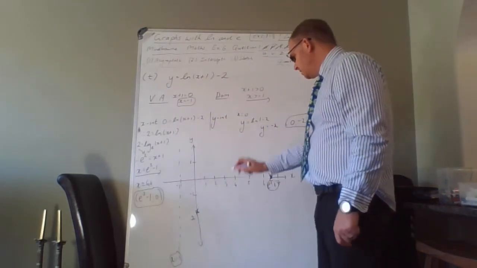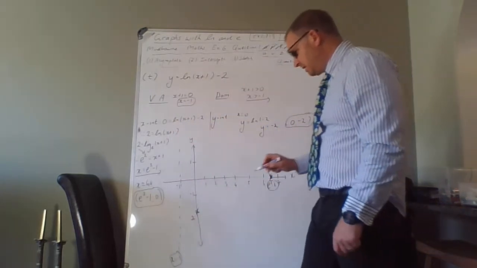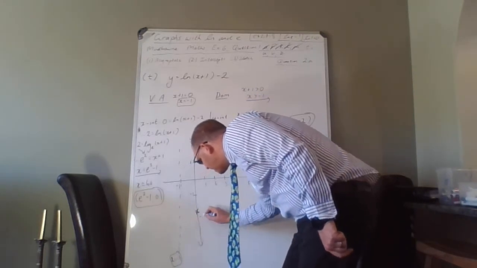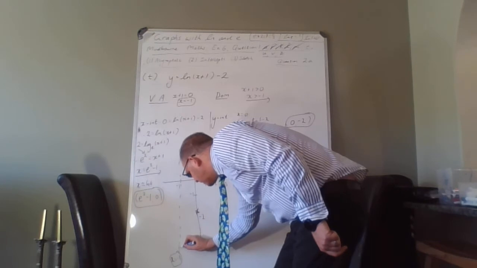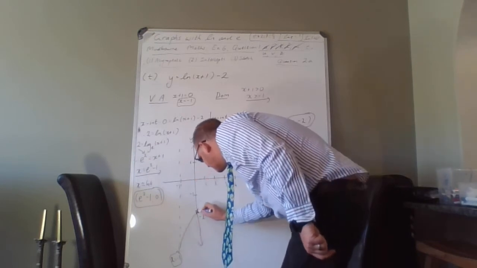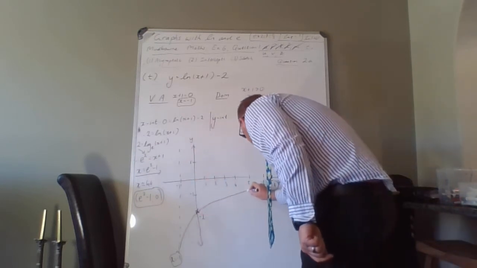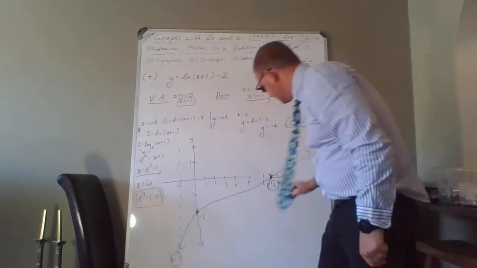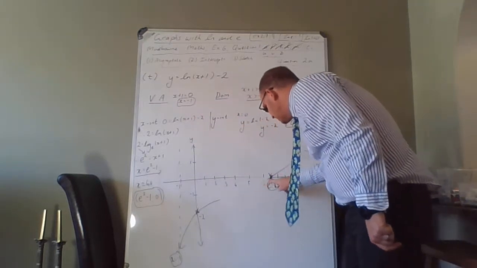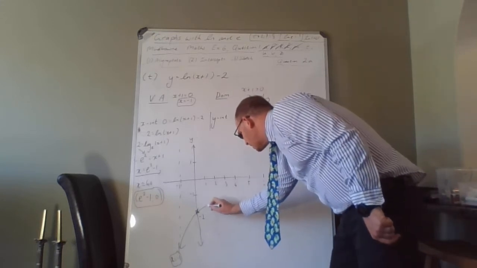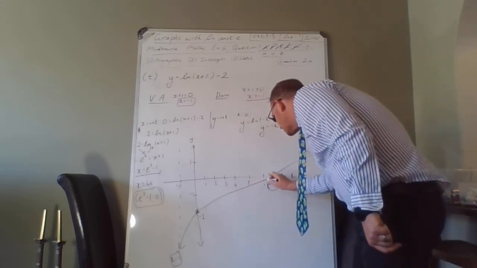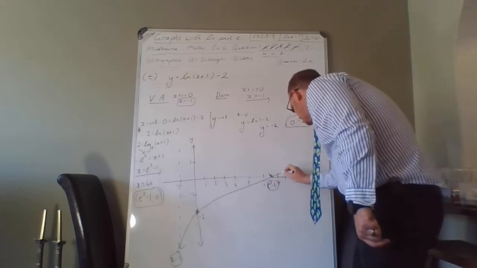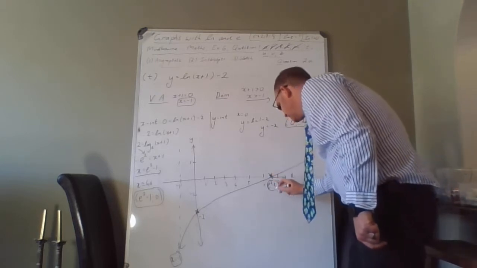And then you know your basic shape of your log graph, so you're going to draw that in. Put negative 2 there. So it's going to go like this, flatten out, go through that point over there. It should flatten more.